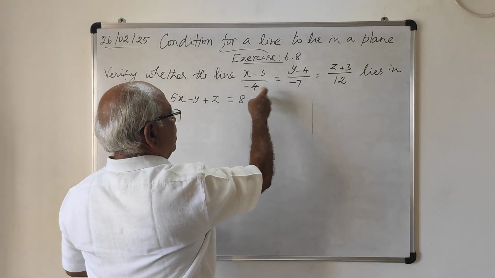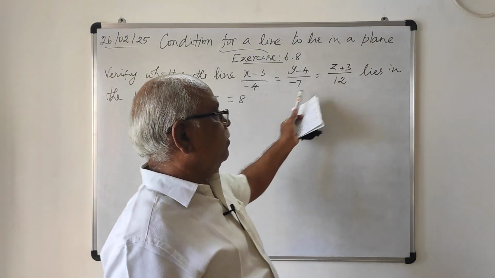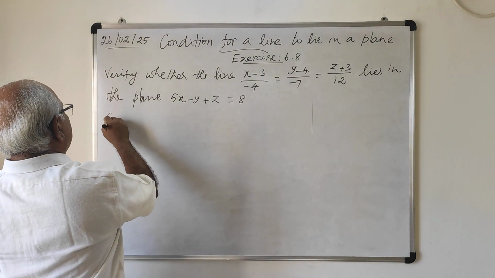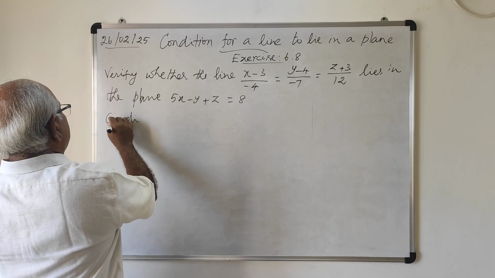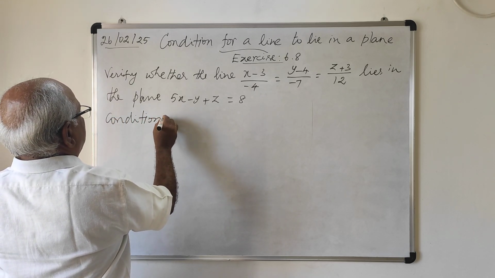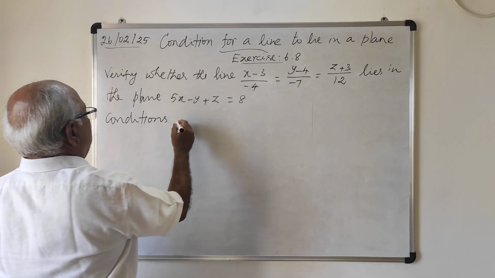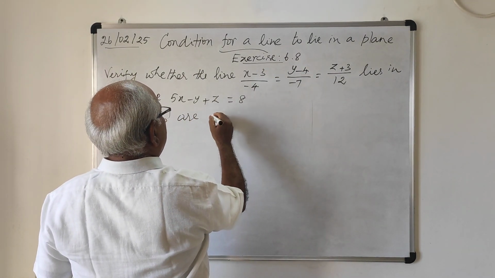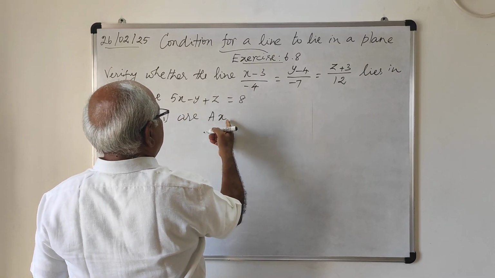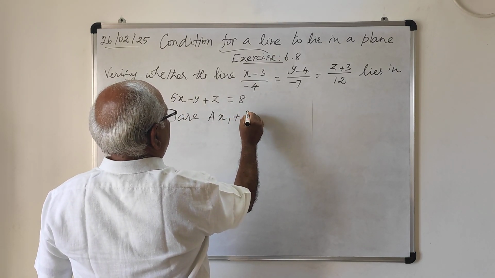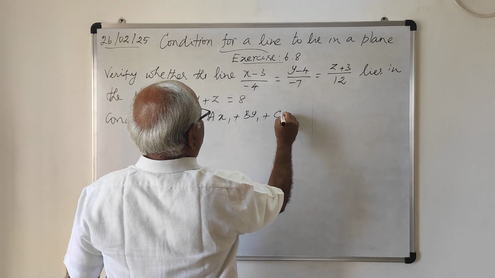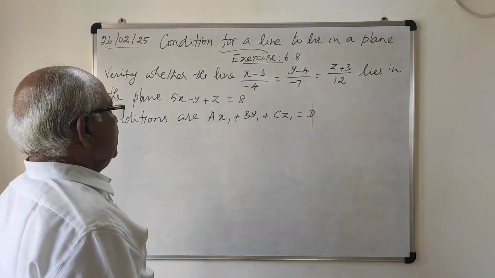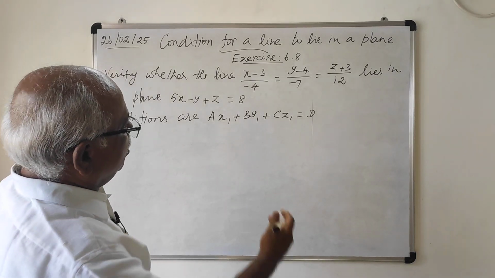The line and plane are given in Cartesian form, therefore we are using that idea. If the line lies on the plane in Cartesian form, the condition is that the point should satisfy the plane: Ax1 plus By1 plus Cz1 equal to d, or plus d equal to 0, whatever it may be.